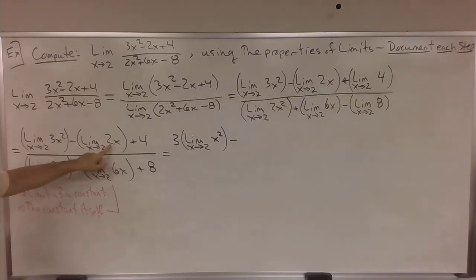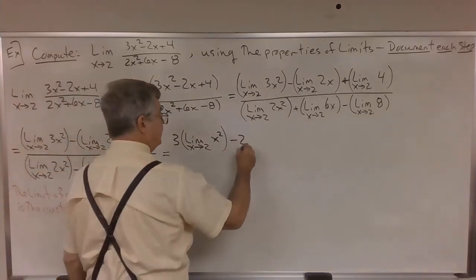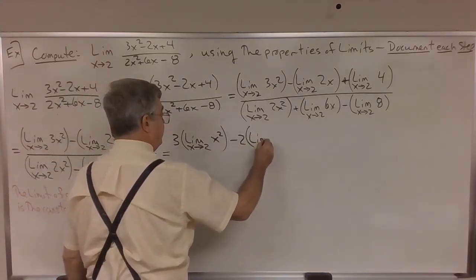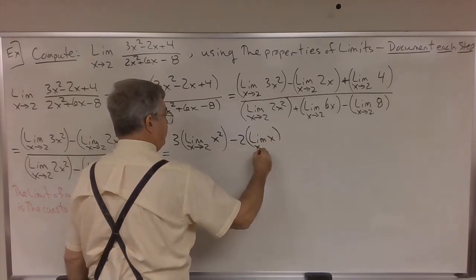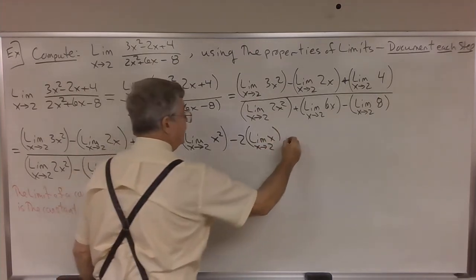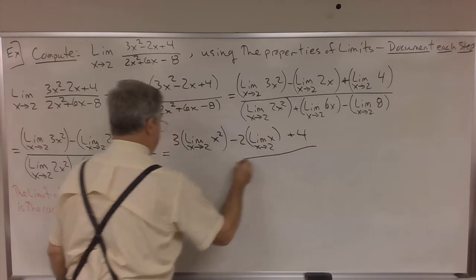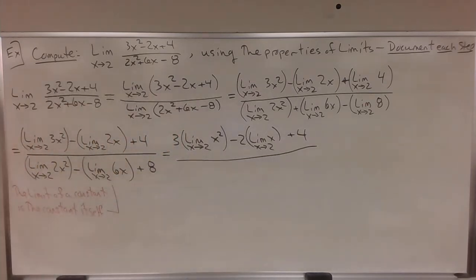The constant is 2, so we get the constant 2 times the limit of the function. Same thing for the bottom.